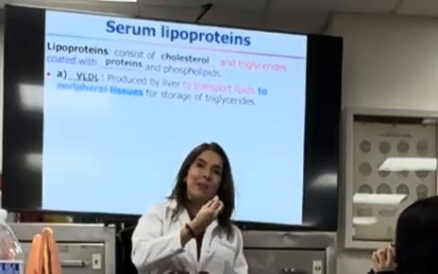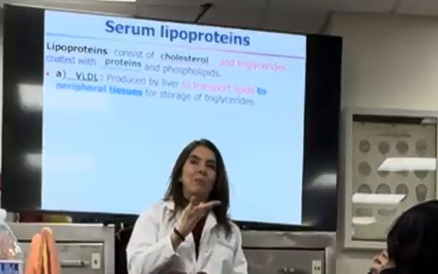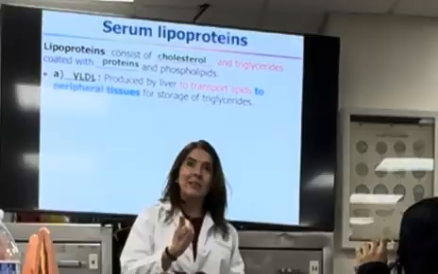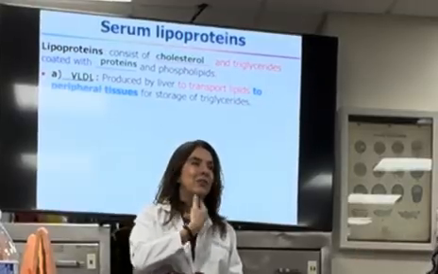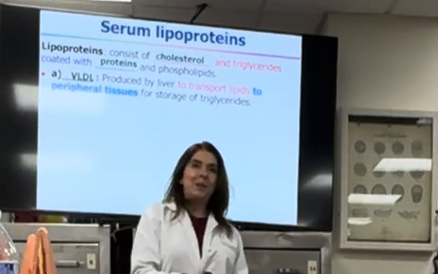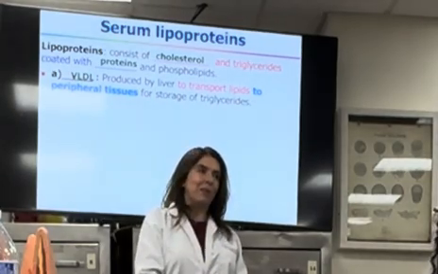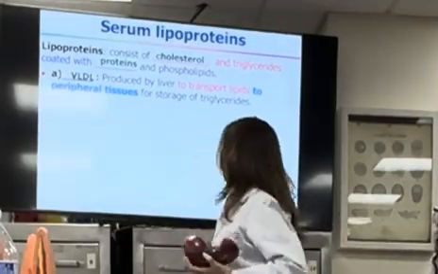The problem is that some of that cholesterol can be deposited in the lining of my blood vessels. That's why it's bad. Okay? It's kind of like a delivery, like the Amazon truck. It delivers stuff to other parts of the body. But it delivers cholesterol that can get deposited in the blood vessels. So that's why VLDL and LDL are not great, right?